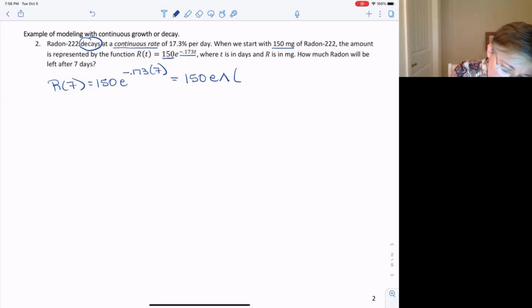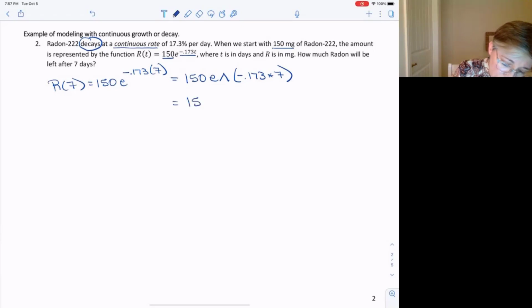Just be sure that you have parentheses around that negative 0.173 times that 7, close the parentheses. In other words, be sure that you're telling your calculator that that entire product is in the exponent.